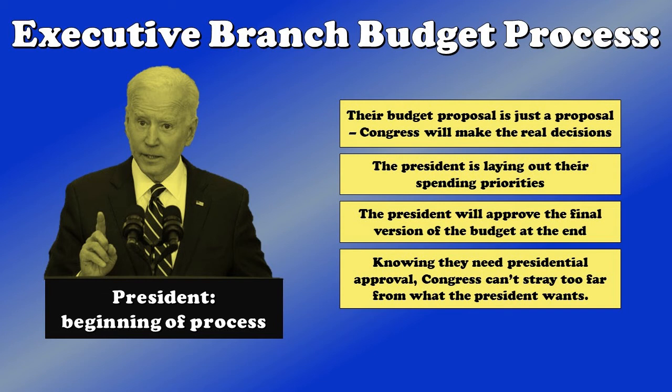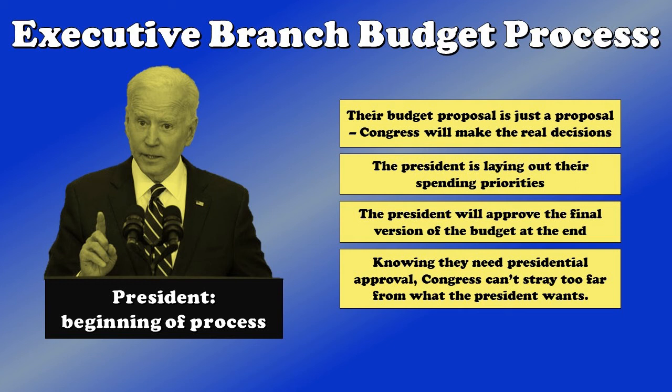Congress makes the real decisions about the budget, but they don't have total freedom either. The president is giving Congress a list of things that they want. They're saying, these are where my spending priorities are. I want to spend more money on this area of policy, and I want to spend less money in this place, or I want to raise the taxes in this way, or whatever else. So the president is suggesting their plans for the budget. It's also necessary that the president approve the final version of the budget at the end of the process.